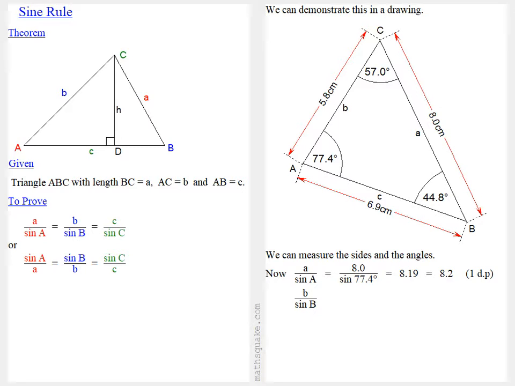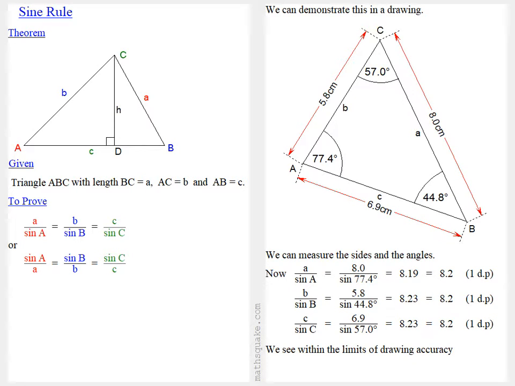If we look at b over sine B, that's equal to 5.8 over the sine of 44.8 degrees, which is equal to 8.23, or rounding it off to one decimal place, that's 8.2. And if we look at c over sine C, that's 6.9 over the sine of 57.0 degrees, which is equal to 8.23, or rounding it off to one decimal place, that's 8.2.